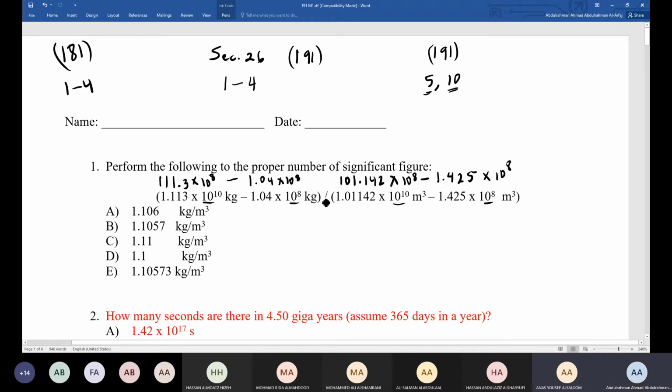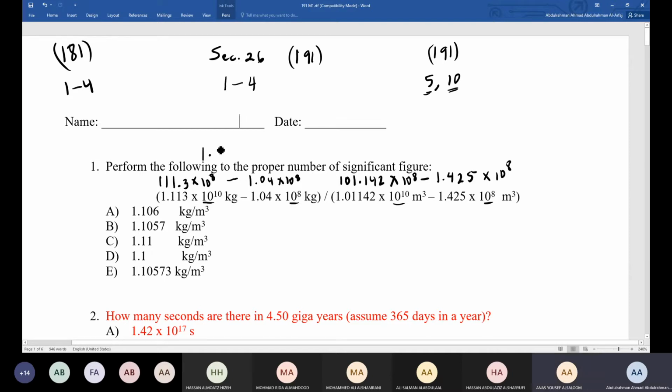No, just the first part. There's 111 minus 1, there must be 110, times 10 to the power of 10.